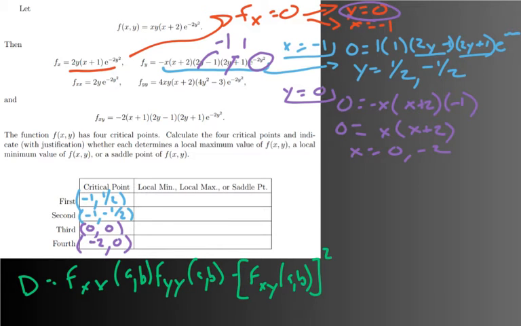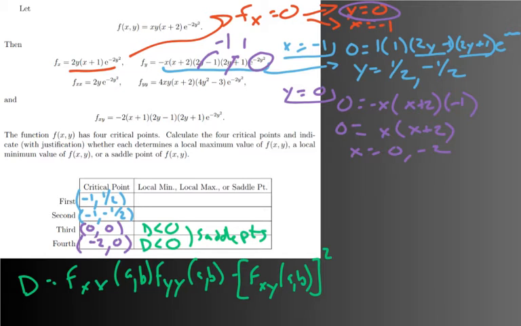If you plug in 0, 0 to these partials, these second order partials, and you solve this, you're actually going to get D is less than 0 here. And you're actually going to also get D is less than 0 here. And so those two are saddle points, right?